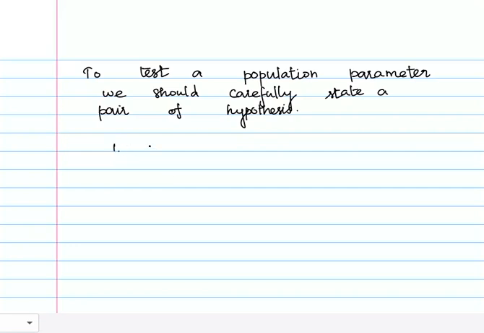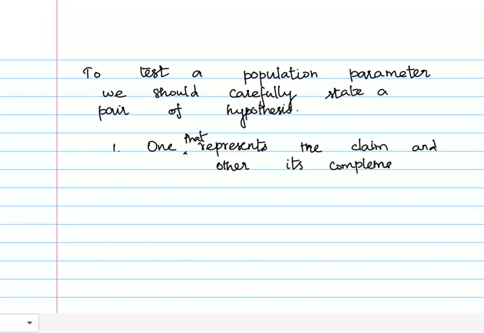The first one represents the claim, and the other is its complement. So we have a name for each one.